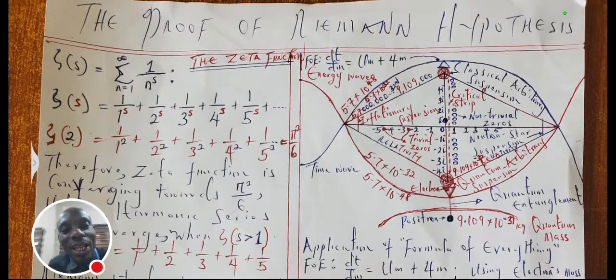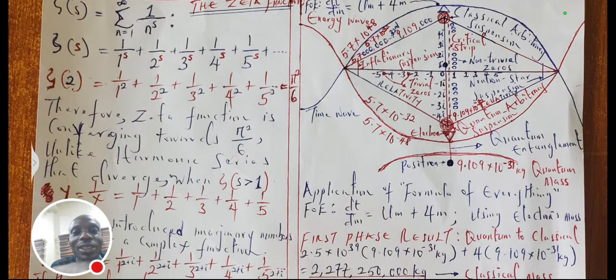Now, getting to realize that it converges, then we can actually work further on the problem. And so now you can see what we have here when you actually input 2 for s, such that we have 1 over 1 raised to power 2 plus 1 over 2 raised to power 2 continuously like that infinitely.